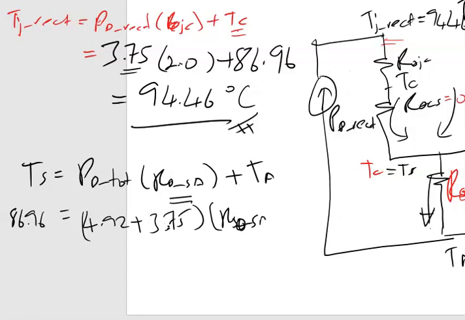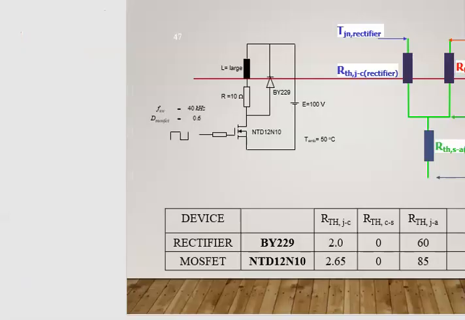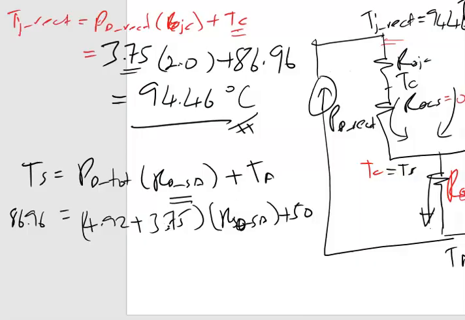T ambient is 50. So you calculate accordingly. You try to find out how much your required thermal SA is. How much do you get for thermal SA?